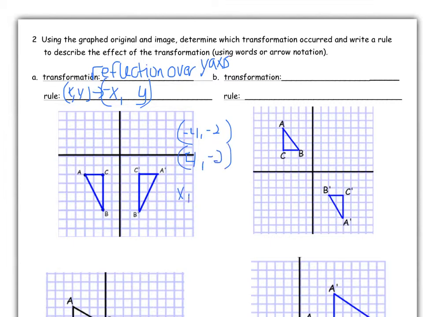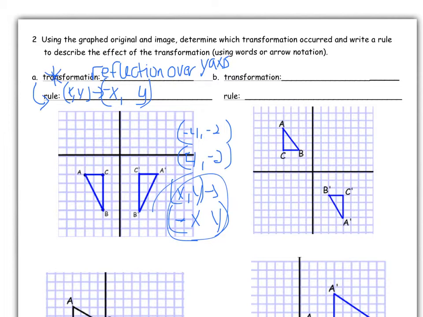From our x, y, the order stays the same, x, y, but the x becomes its opposite. And then you have to look on your charts to see which rule this follows. So some of you can see the transformation and then write the rule. Some of you have to write the rule given the ordered pairs and then work backwards to get the transformation.